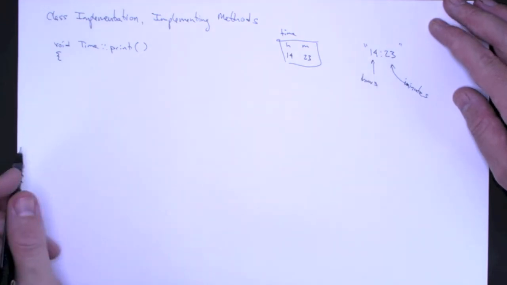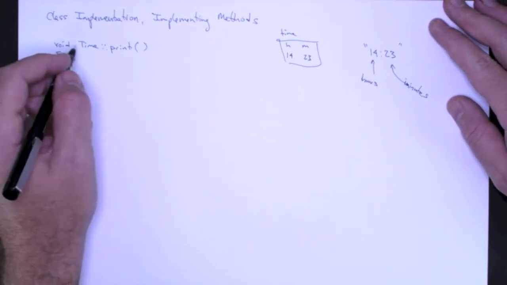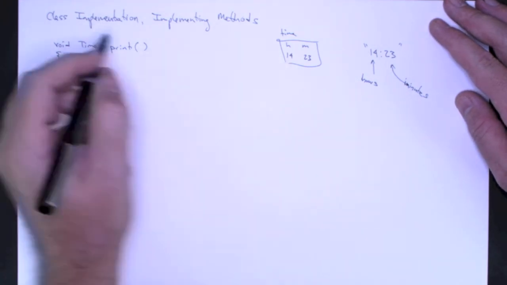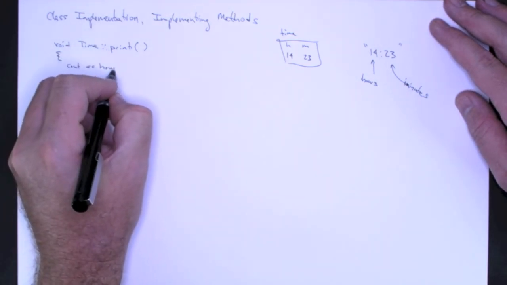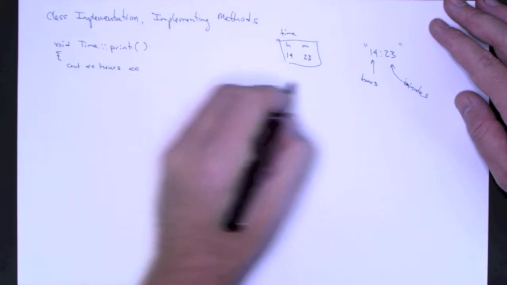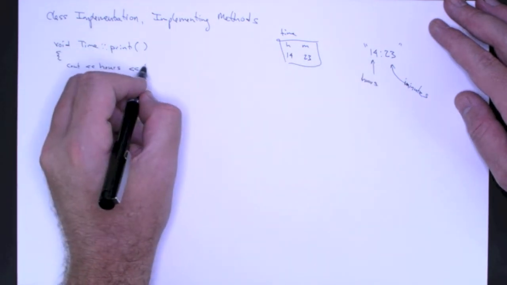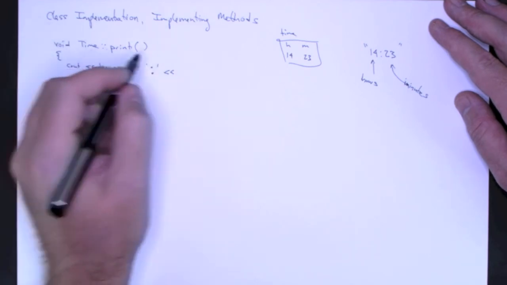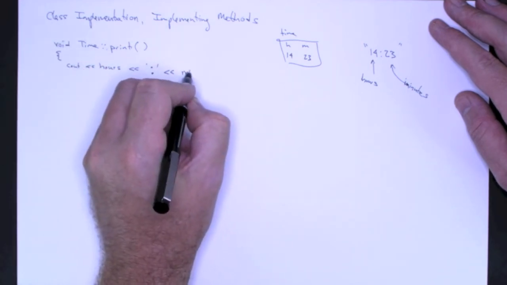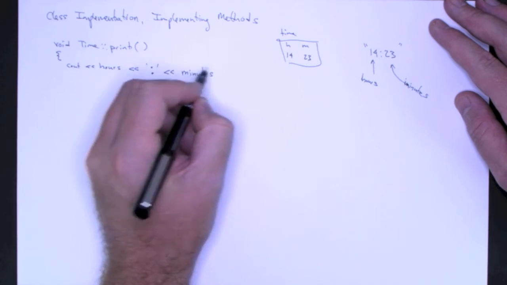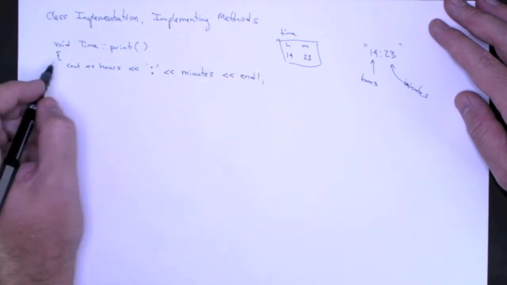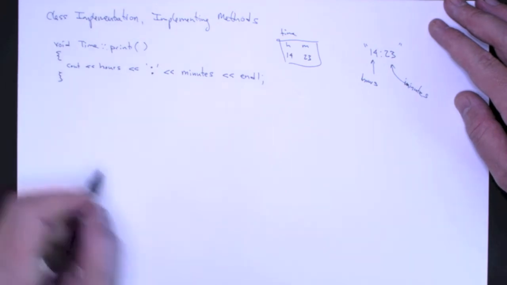And we want this to go to the console. So the output statement we write is simply cout, and I can print hours, and then I want to print the colon as a character, and then I can print minutes. So there's my print method.